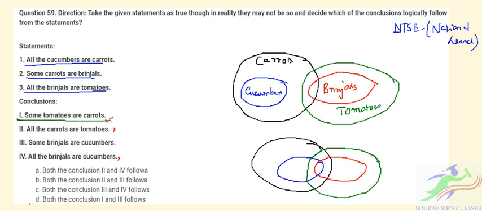We don't have any clue about conclusion 3, that some brinjals are cucumbers, which has not been mentioned in the statements. So we will go with option D, that both conclusions 1 and 3 follow.